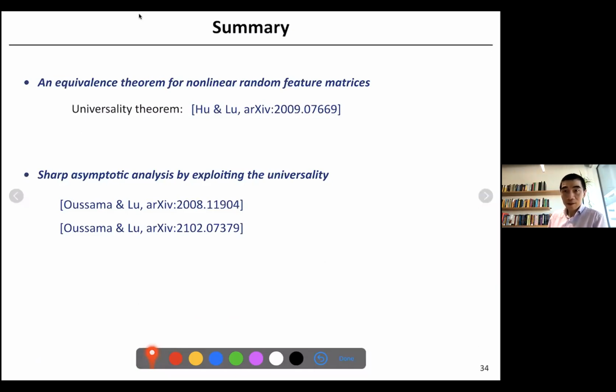This is why we call it a blessing of dimensionality. Because we have established this equivalence, we get to study the easier-to-work-with Gaussian version, and then we can obtain a sharp asymptotic characterization of the performance of the random feature model by studying the equivalent Gaussian version.